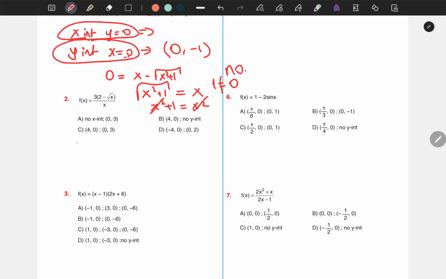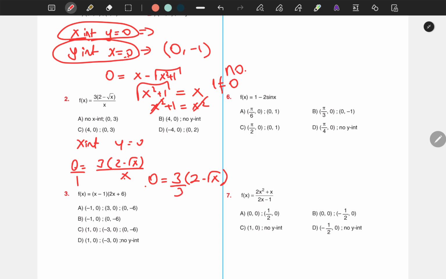For the x intercept, y is equal to 0, isn't it? Let me replace: 0 equals 3 times 2 minus root x, over x. Can I do cross product? 0 times x is 0, and then 3 times 2 minus root x, isn't it?